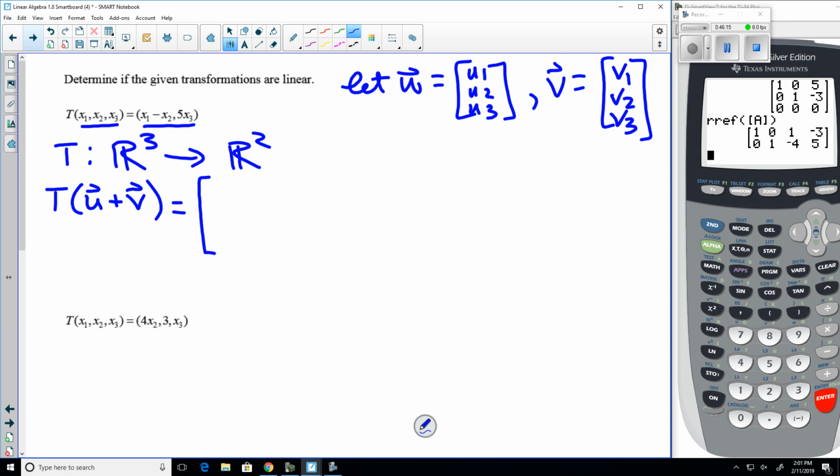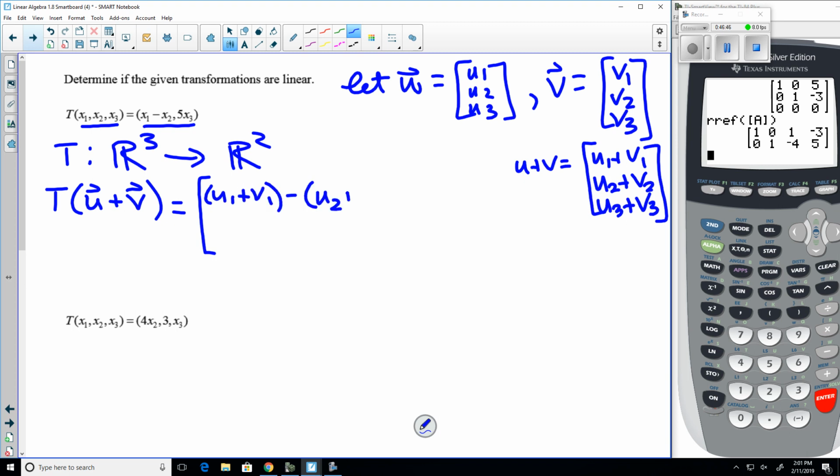So u plus v, let's do this to the side maybe. u1 plus v1, right? u2 plus v2, and u3 plus v3. That's how you would add u and v. So if I transform that one using this definition, I'll subtract the first two entries. So it'll be u1 plus v1 minus u2 plus v2. Just subtract the first entry and the second entry. And then the third entry, I'm going to multiply by 5.